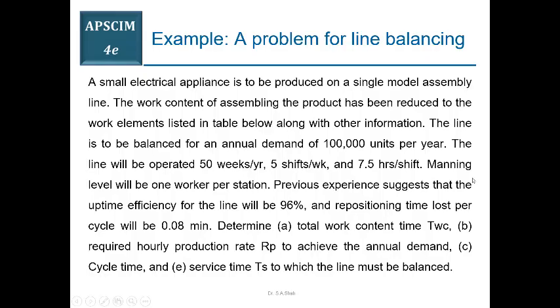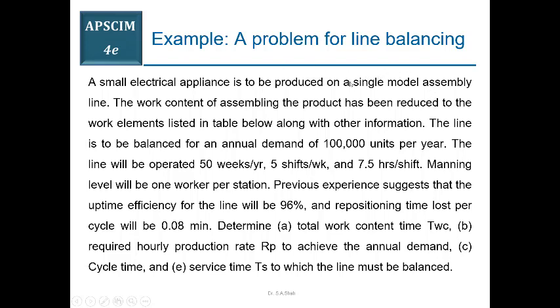I will just read out the problem statement first, and then we will further discuss it. So we have a small electrical appliance that has to be produced on a single model assembly line. As discussed in the previous video, we will only be discussing single model assembly lines.